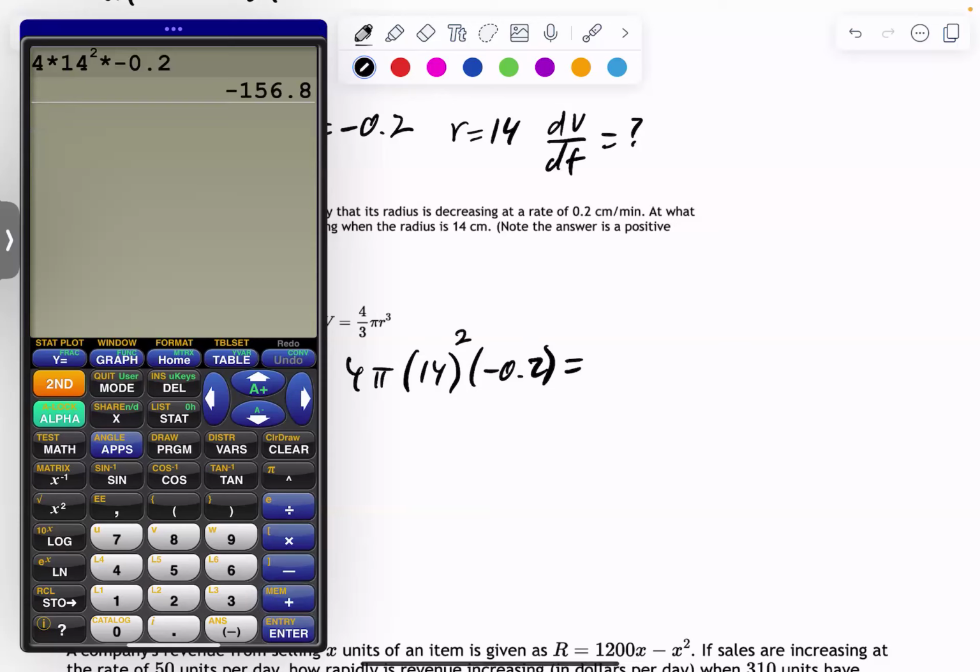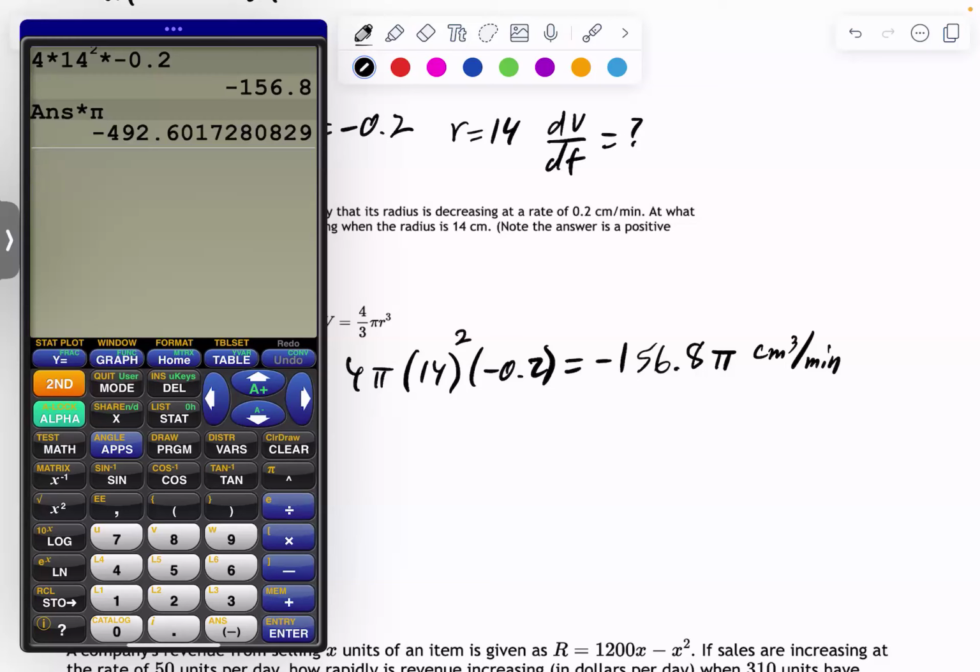So I'm getting negative 156.8 pi is what I'm getting. And this is going to be in cubic centimeters per minute. And so let's multiply that times pi.